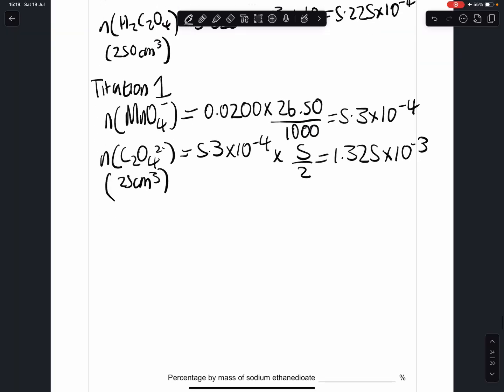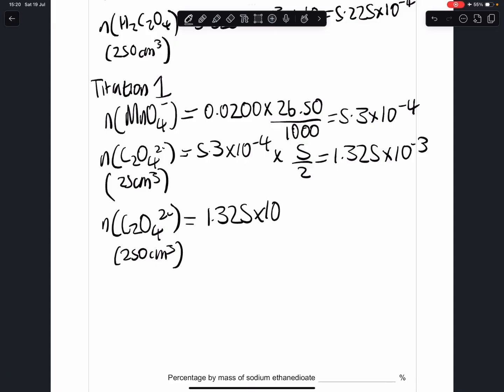So to get our answer of C2O4 2 minus in 250, we just have to take our 1.325 times 10 to the negative 3. If we multiply that by 10, you will get an answer of 1.325 times 10 to the negative 2.